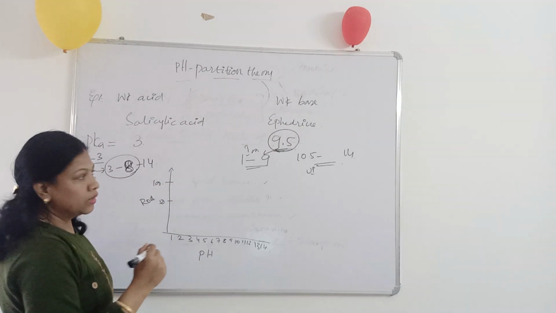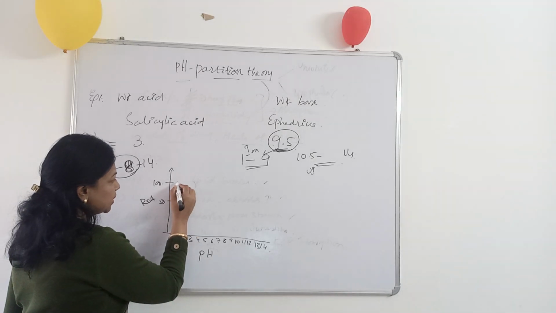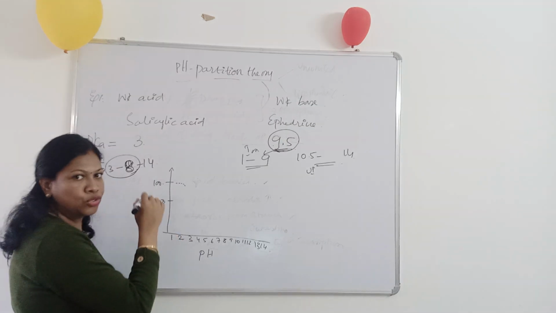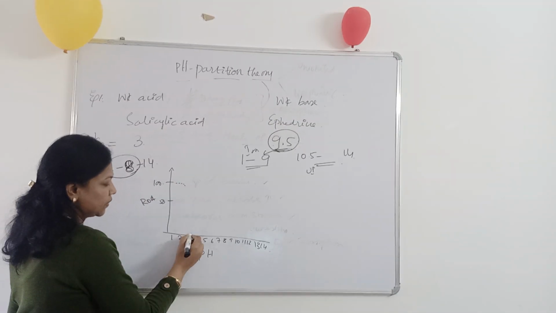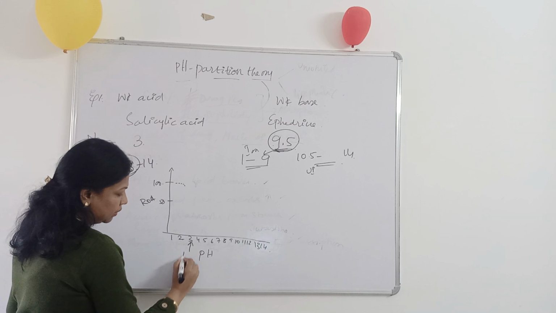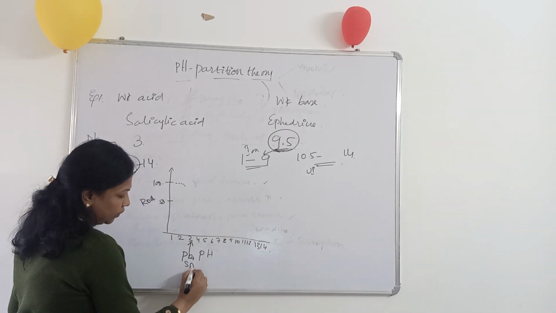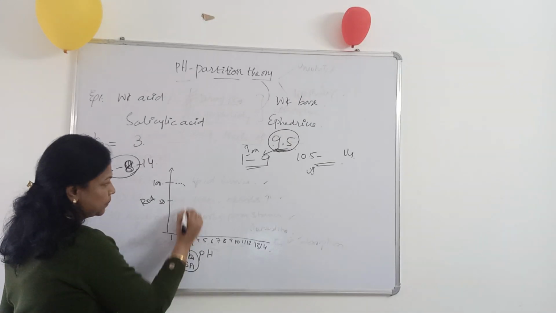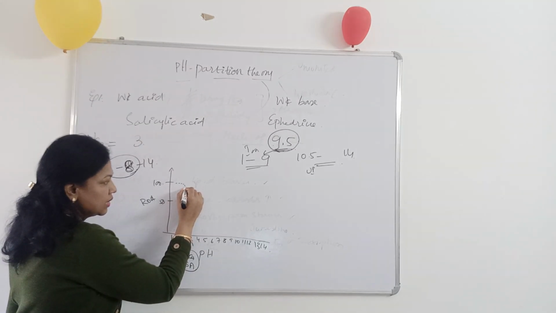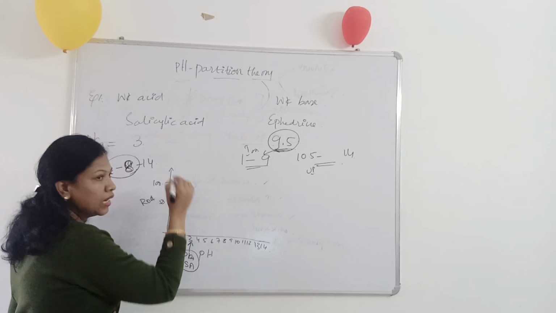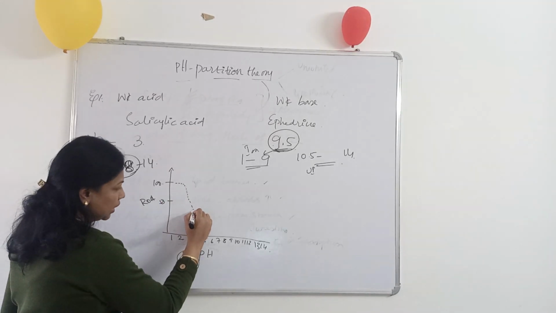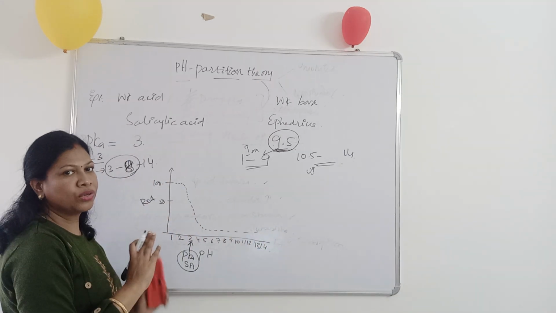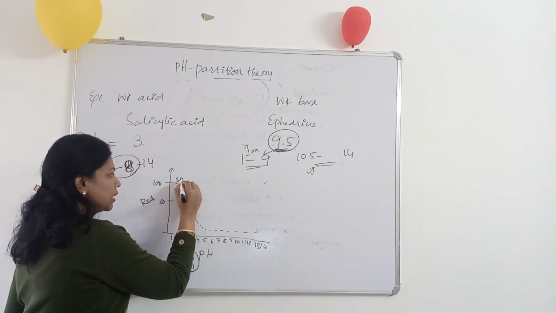According to the theory, the salicylic acid must be absorbed maximum at pH 1 and 2 because ionization starts from pH 3, because the pKa of salicylic acid is 3. So ionization starts at this pH, so as it gets ionized, the absorption should decline and go on declining till this pH. This is according to the theory for salicylic acid.